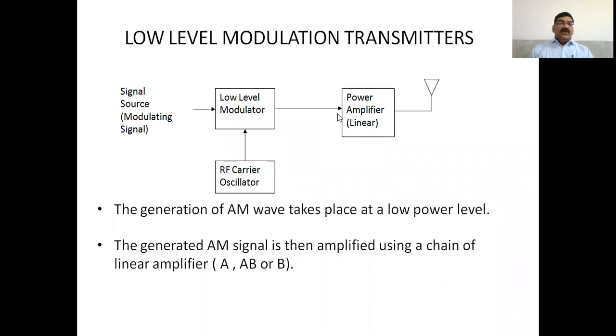Because if you want to transmit your signal for a longer distance, it should have adequate power so that it can sustain for a longer distance. Maybe you can say it is the thumb rule, whatever the power you are transmitting, the range of transmission is proportional to that.